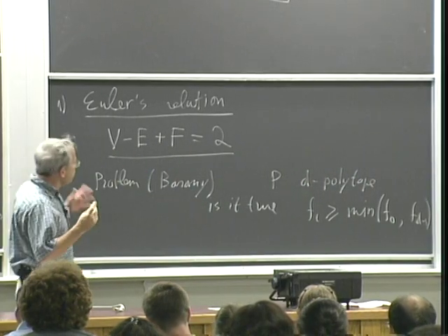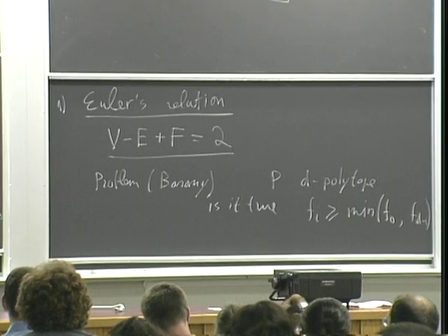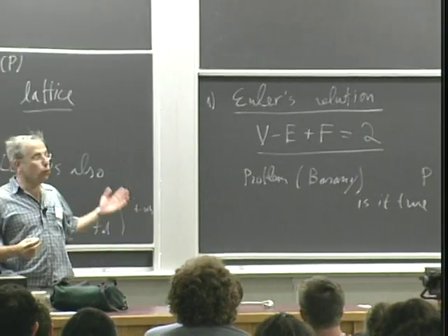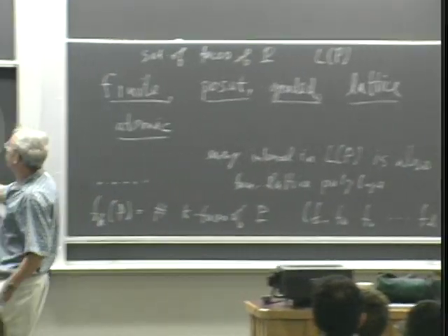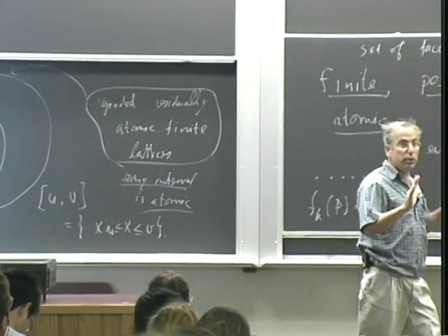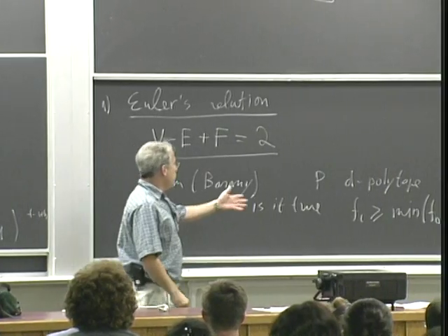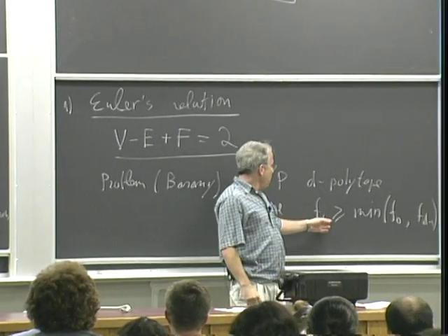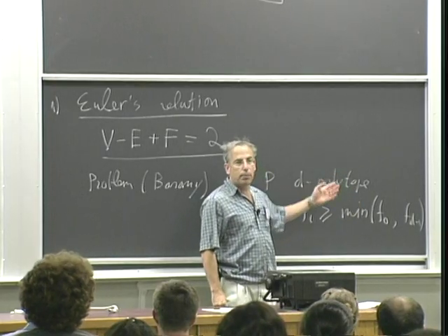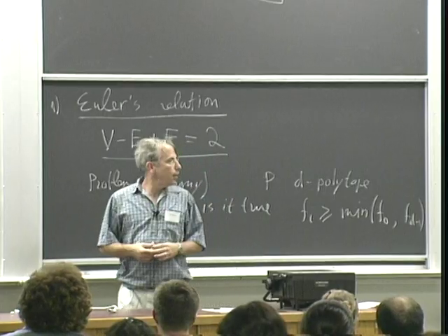I should say that if you believe some very far-reaching conjectures, then maybe you can derive stronger results. On the other hand, this should be true perhaps even for every graded, residually atomic finite lattice. So maybe it's true in this generality. Maybe it's true that up to half the dimension f_i is bigger than f_0, and above half the dimension f_i is bigger or equal to f_{d-1}.